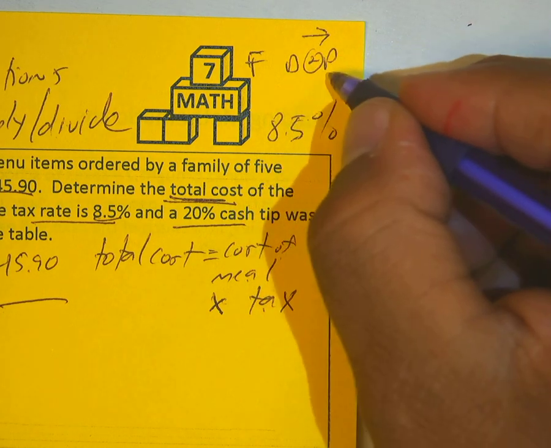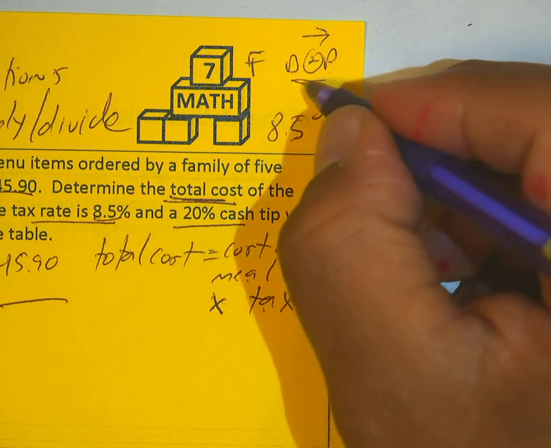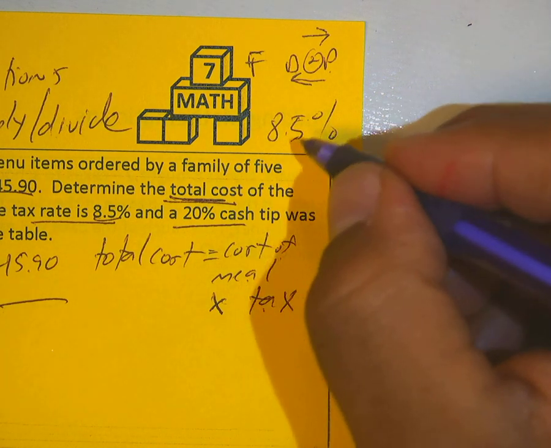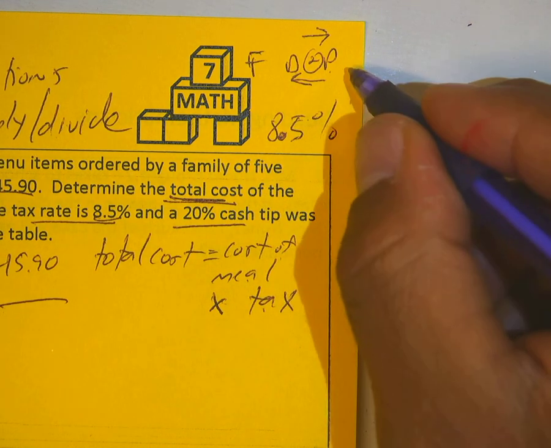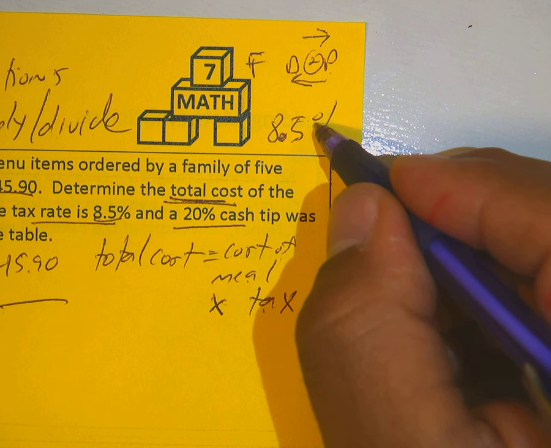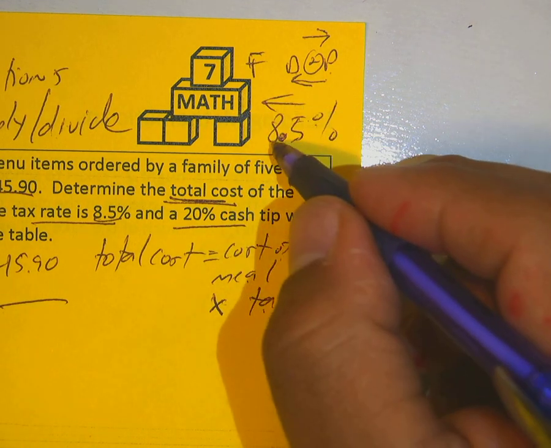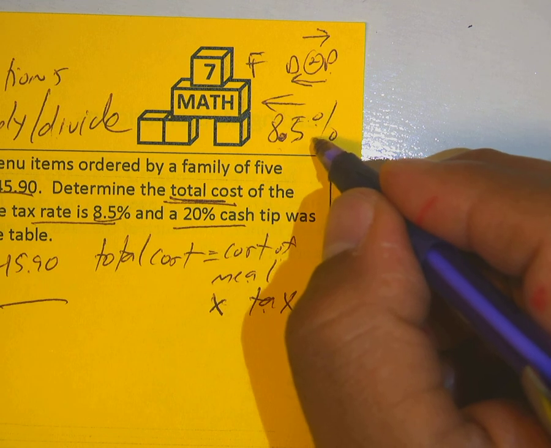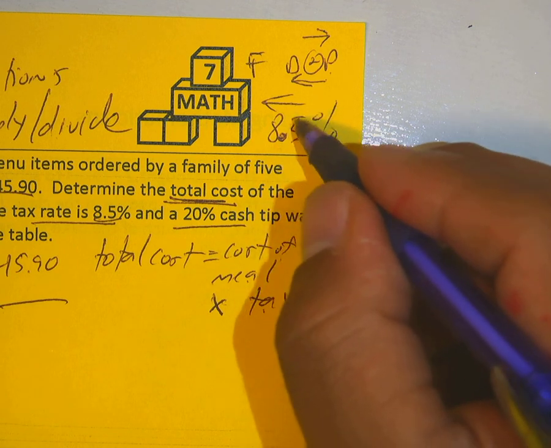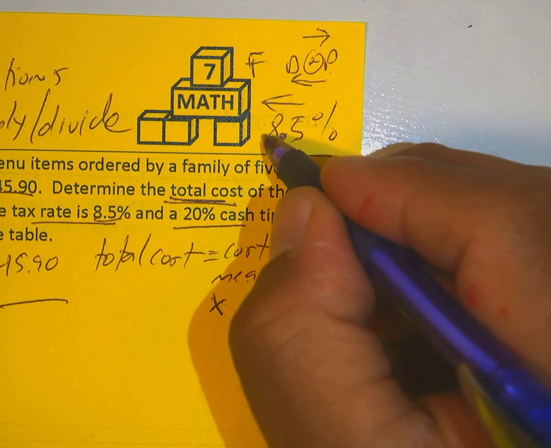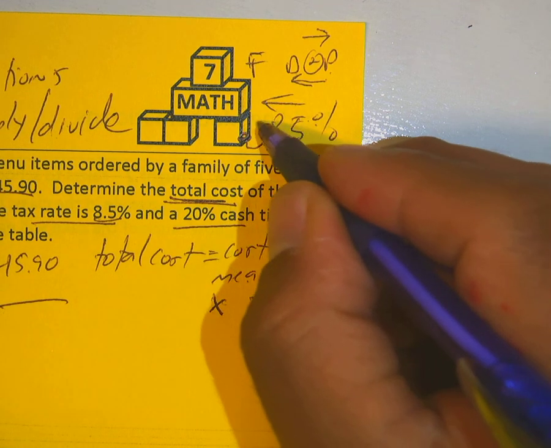When you want to go from a percent to a decimal, you move it 2 times this way. So it's 8.5%, and I want a decimal, so I'm going to move the decimal 1, 2, and put a 0 in the space here.